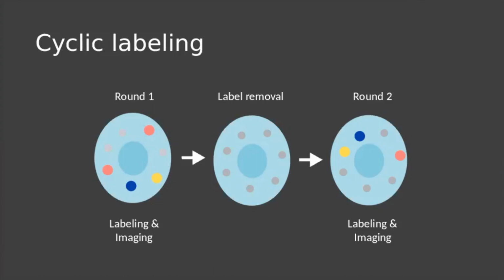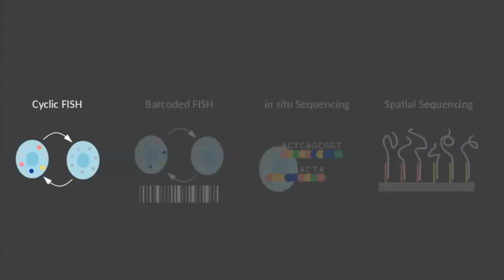And then you can do another round of labeling for a new set of targets. And then afterwards, you can combine all the images so you sort of aggregate the data. So then even with a very limited set of fluorophores, you can get way more data, way more throughput than the fluorophores give. That brings us to the first method, Cyclic FISH, a method that I worked on a lot.